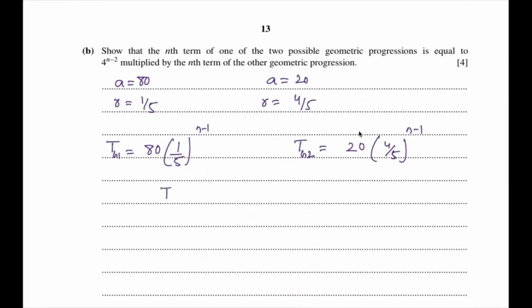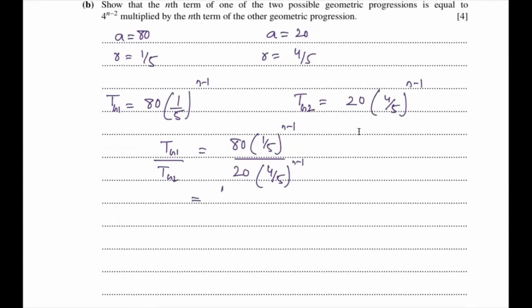So I'm going to divide both the geometric progressions, g1 over g2. So that's 80 times (1/5) to the power of n minus 1 divided by 20 times (4/5) to the power of n minus 1. 80 upon 20 is 4, times, okay, (1/5) to the power of n minus 1 is the same as saying (1/5) to the power of n divided by 1/5.